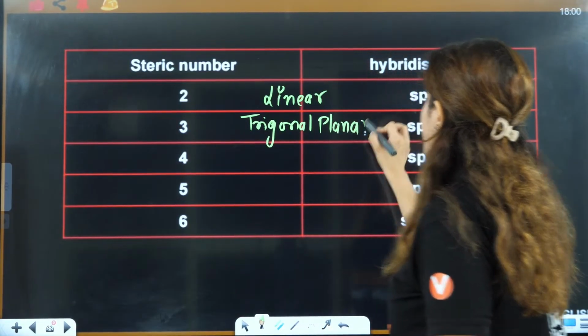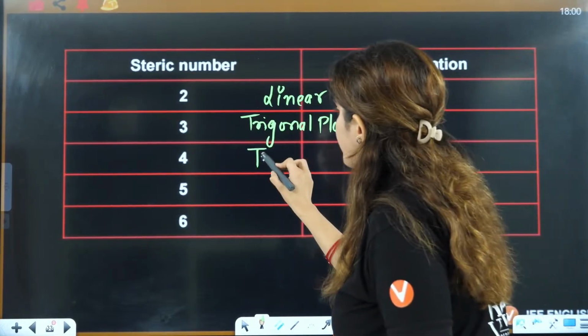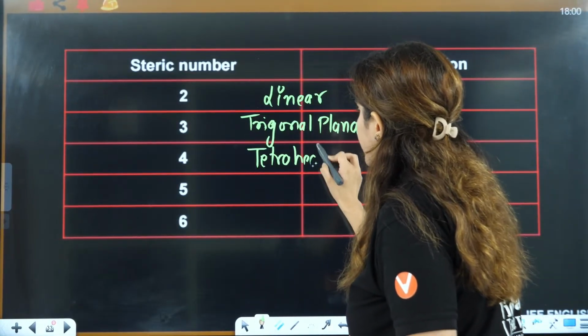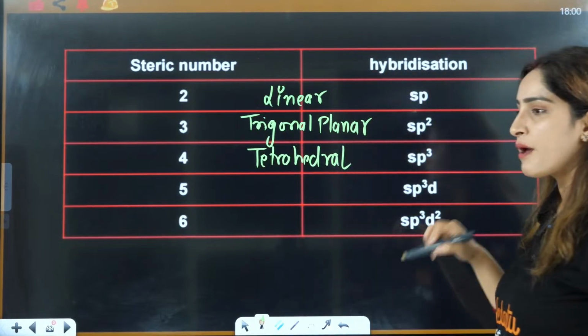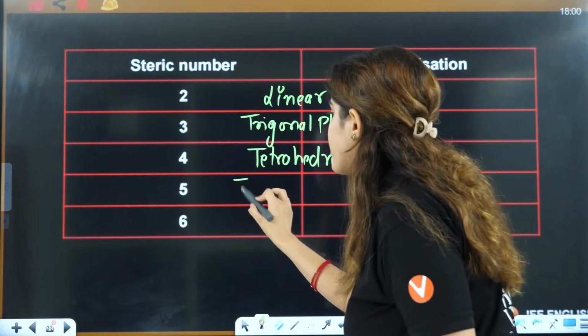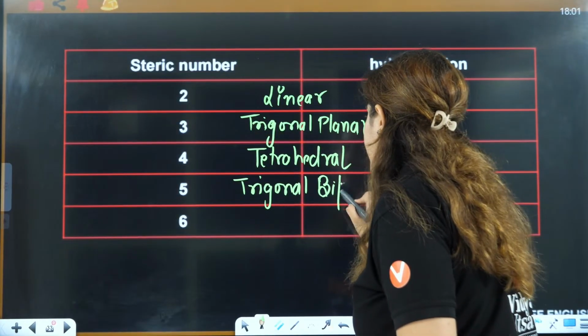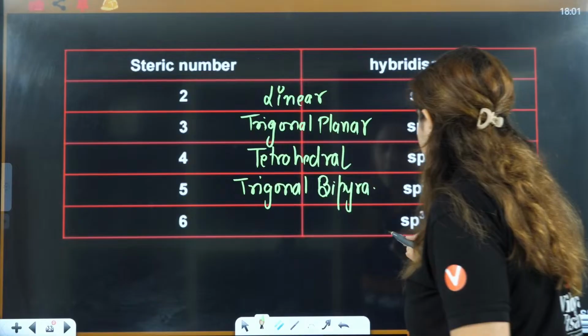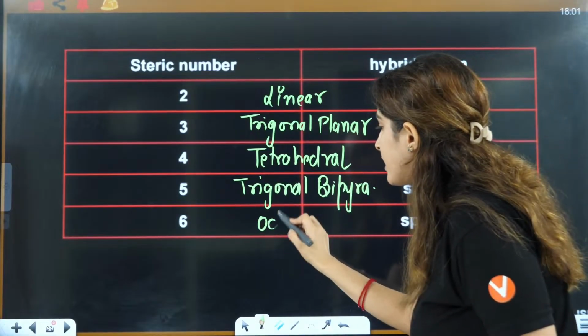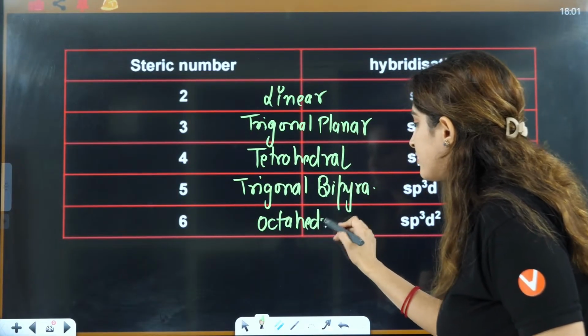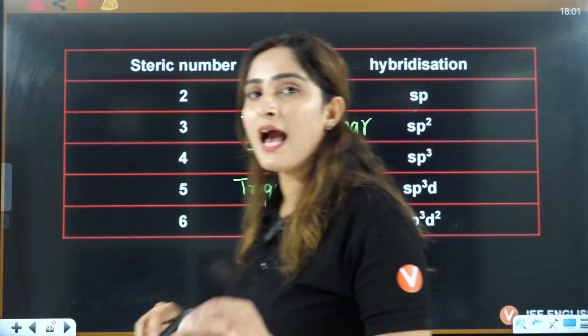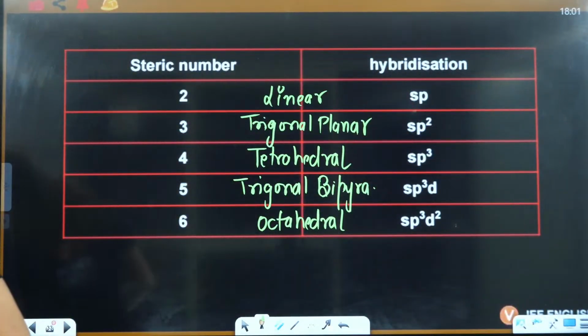Belonging to sp3, you have tetrahedral geometry. Belonging to sp3d, you have trigonal bipyramidal geometry. Then sp3d2 is nothing but octahedral geometry. So every hybridization gives you a different kind of geometry.